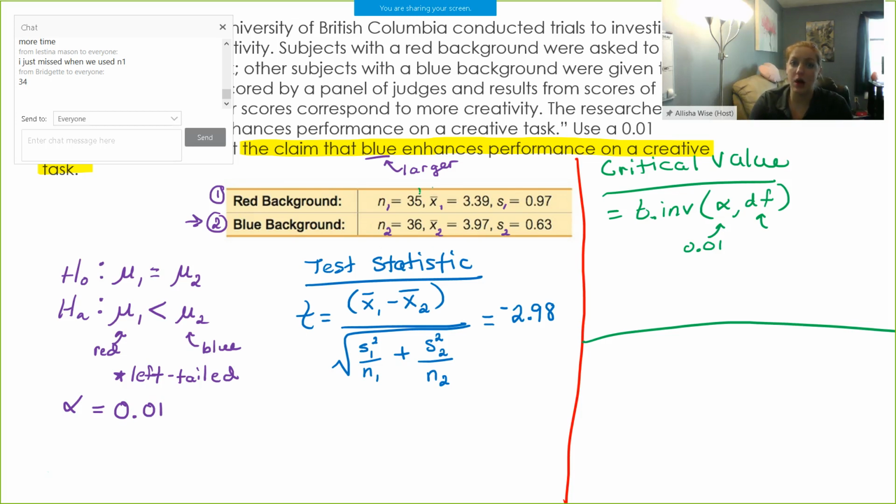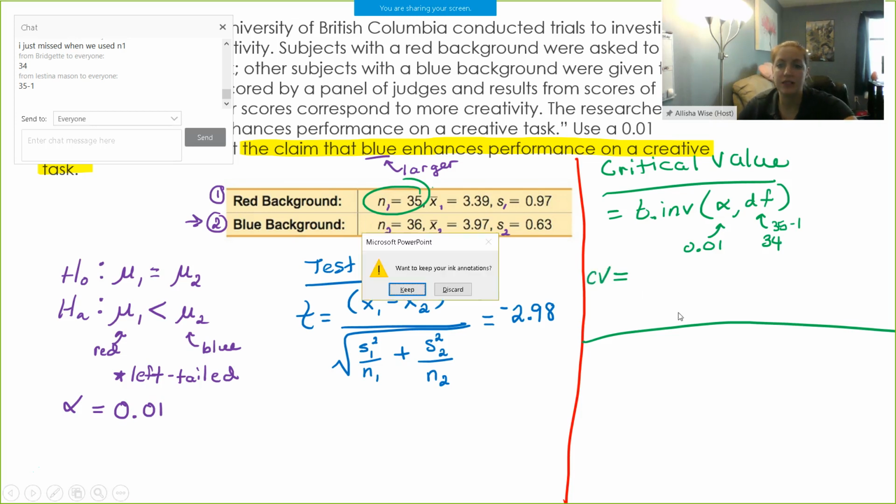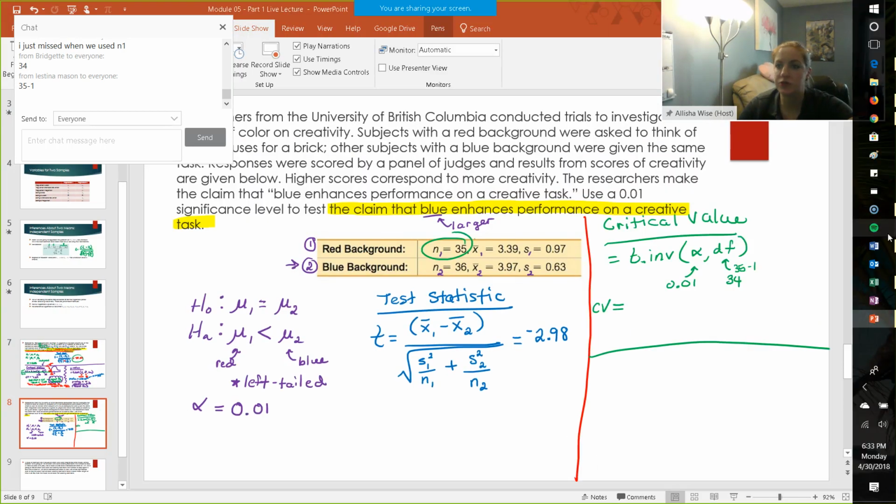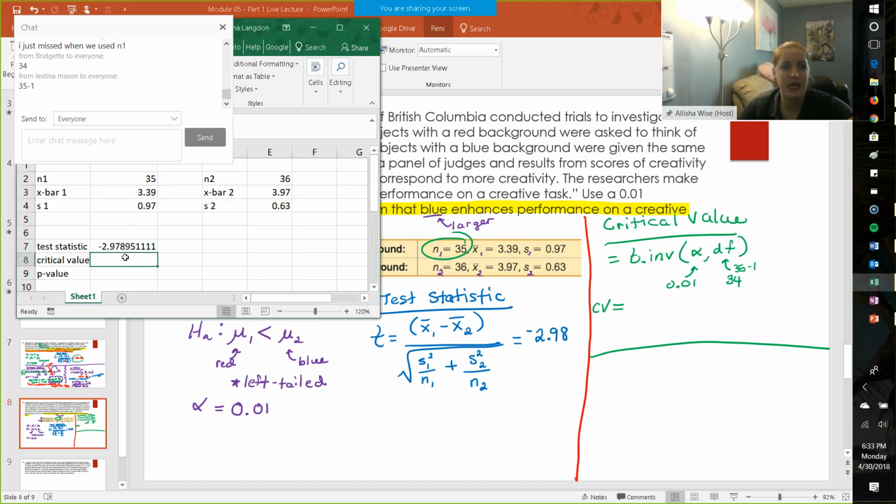We're going to use the smaller n, which is 35. 35 minus 1 is 34. So that's what we'll be using to plug into Excel to come up with our critical value that determines our rejection region. Okay, I was very excited about that today.